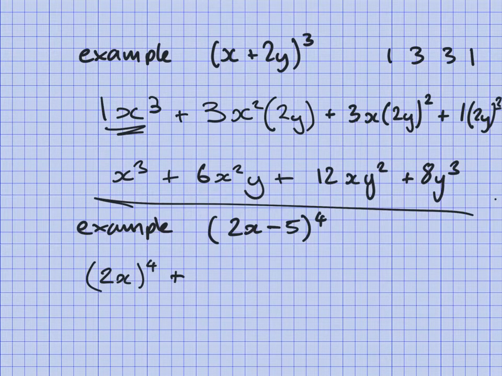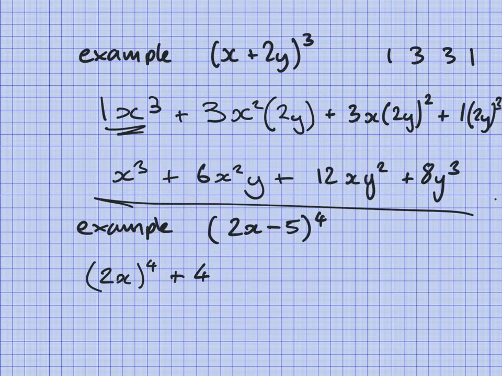The powers in each term of the expansion, this line here is called the expansion. In the expansion, the powers always add up to the same value. So in this one, all the powers have to add up to 4. So here I've got 2x to the power of 4. The next term, we need 4 times, because the next row of Pascal's triangle gives me 4.